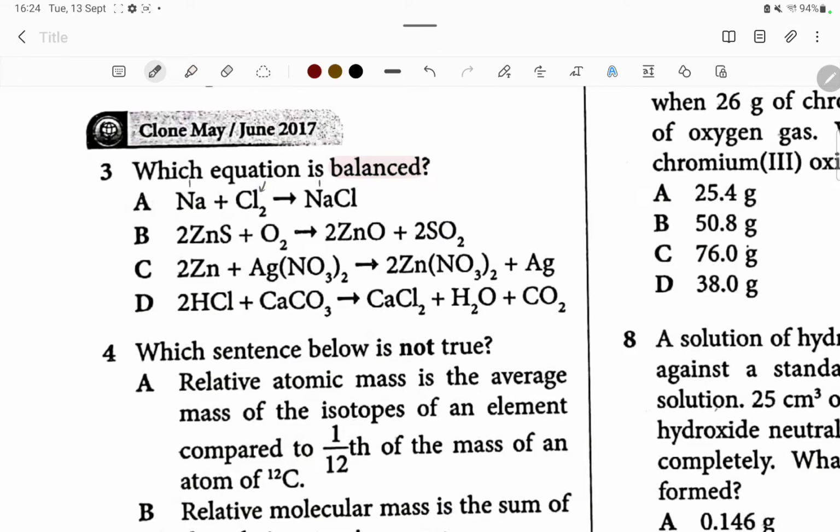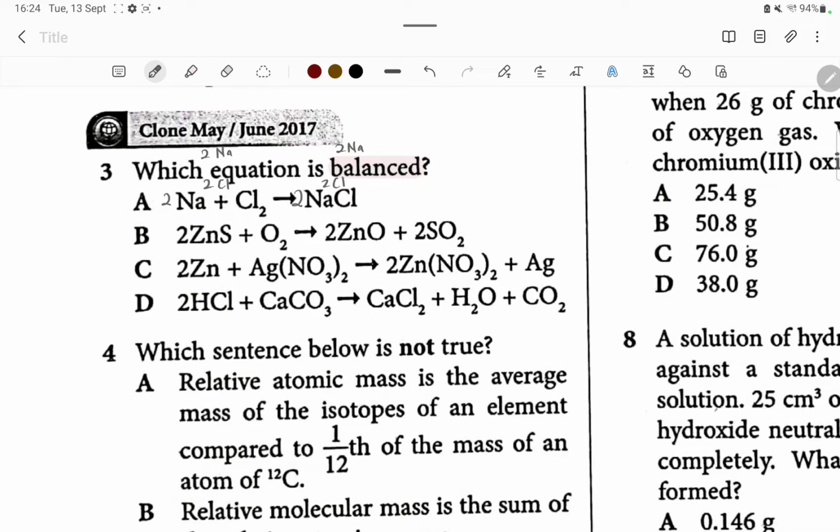Here got 1 only. So we have to balance it by multiplying Na and NaCl by 2. And then after that you will get 2Na, here also 2Na. 2Cl, 2Cl.